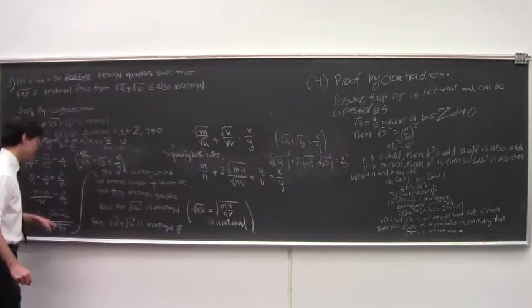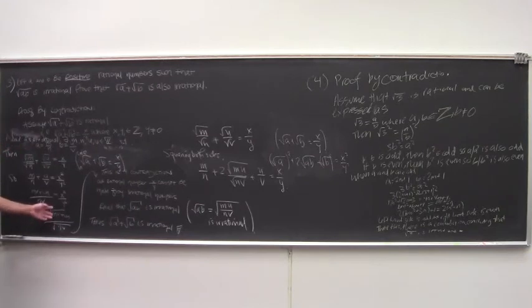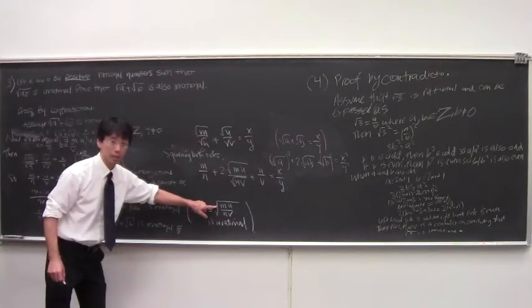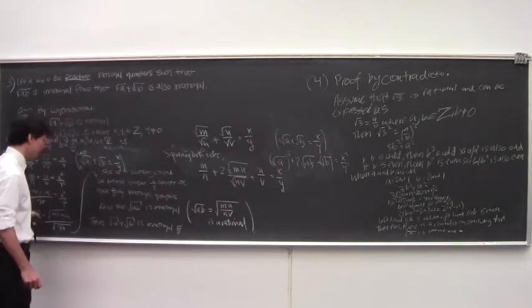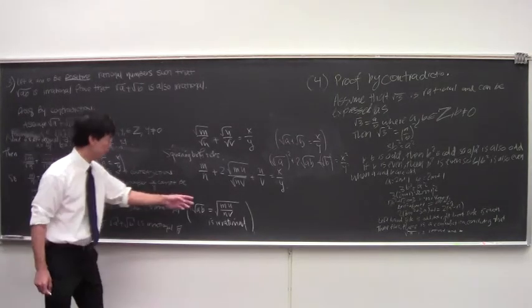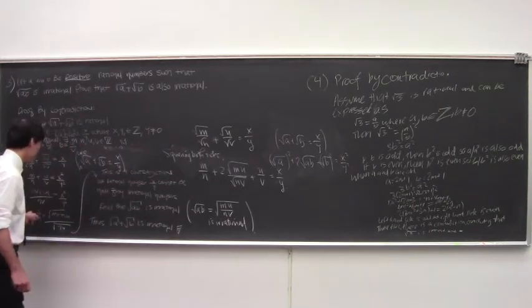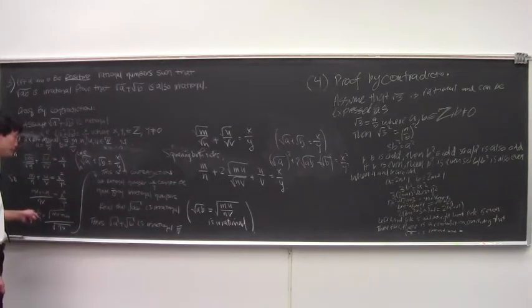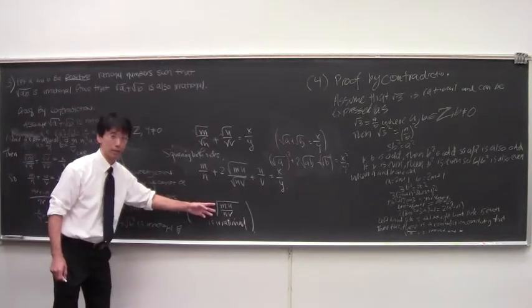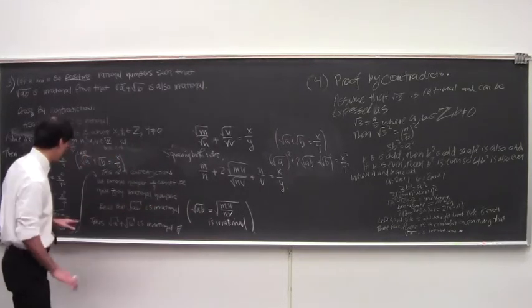Okay, but how does that show this? If you got that this thing equaled that, then I would say sure. If you show that x over y equals this irrational number, then I'd say that's a good argument.